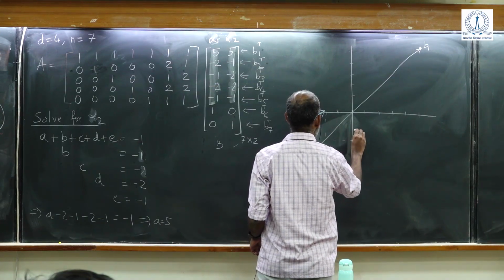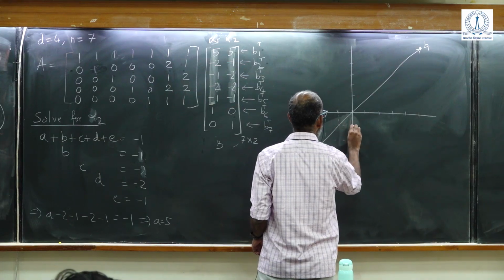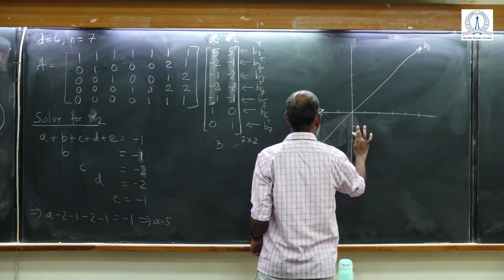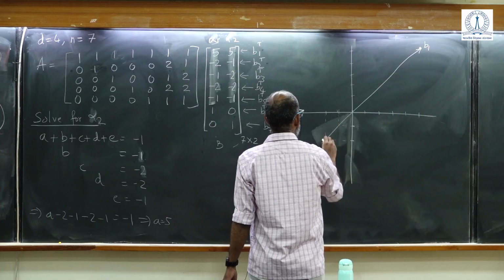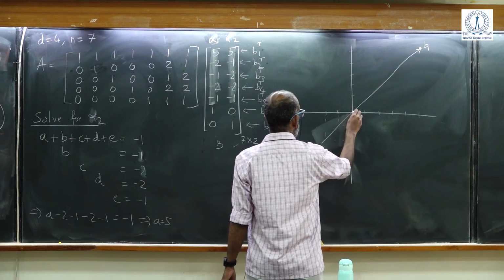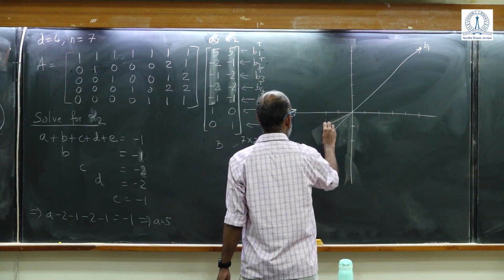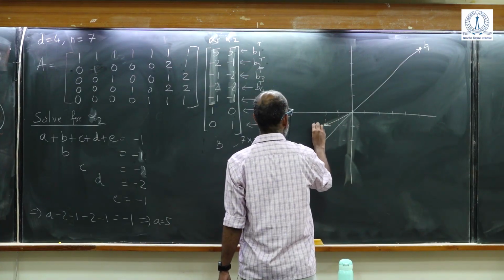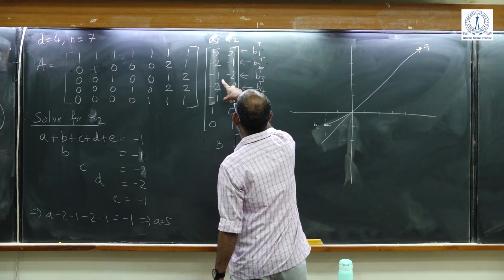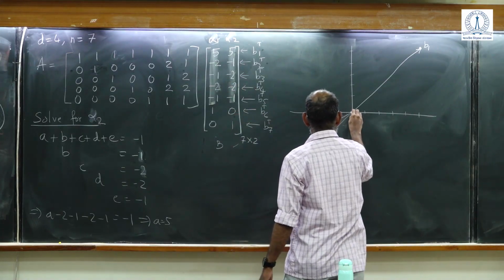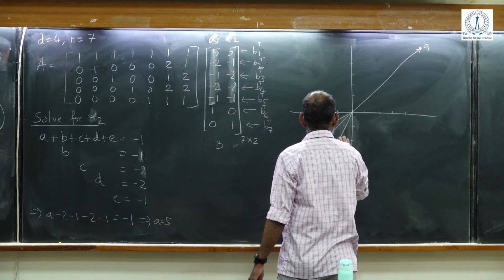So this is minus 2 and I should go here. This is minus 1. Okay. So minus 2, minus 1 is here. So that is B2. B3 is minus 1, minus 2. So that's here.